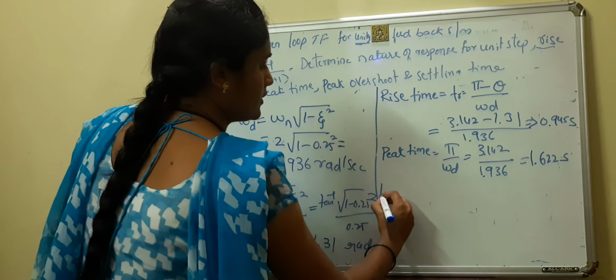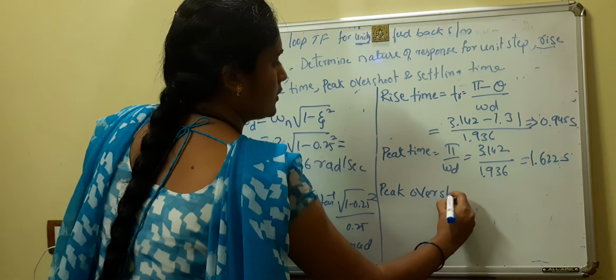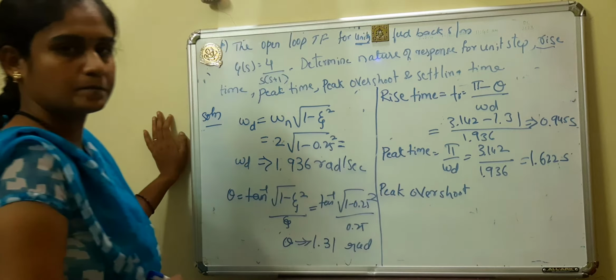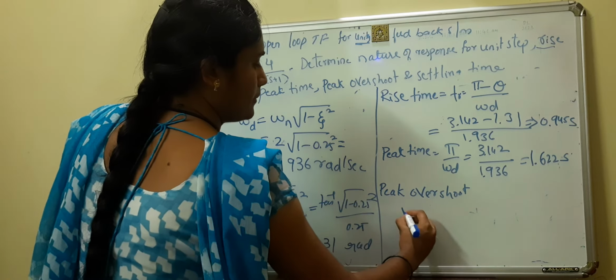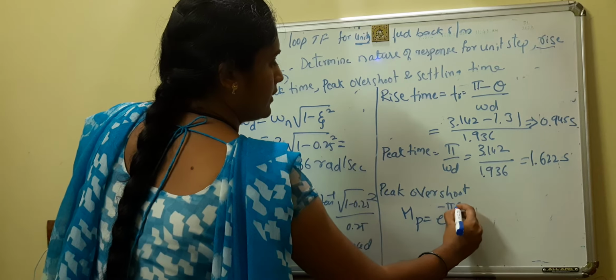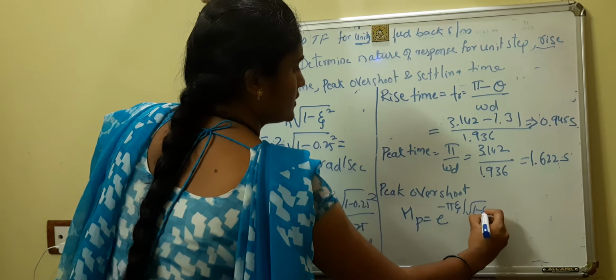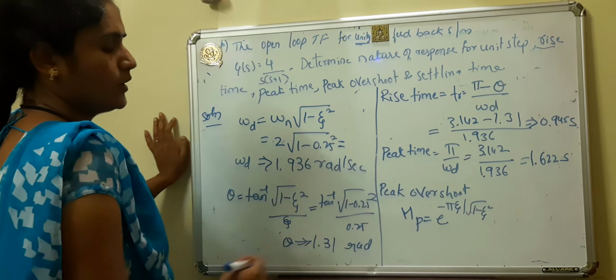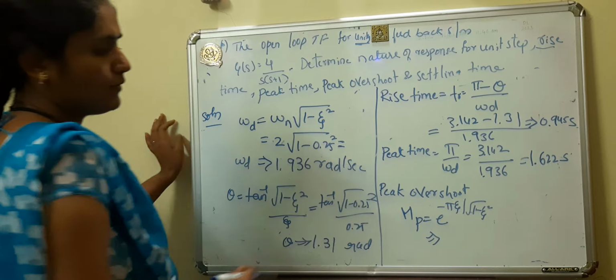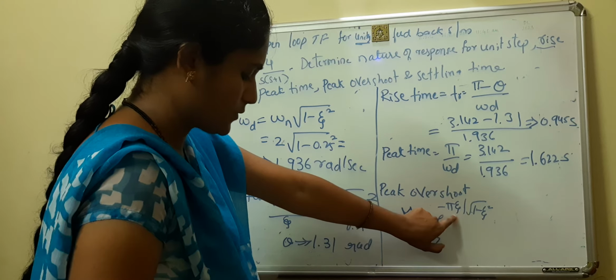Okay, next, peak overshoot. Peak overshoot means Mp. How it is? e raised to minus pi zeta divided by square root of 1 minus zeta square. First we have to put the value of pi as 3.142, zeta as, what is the value of zeta?